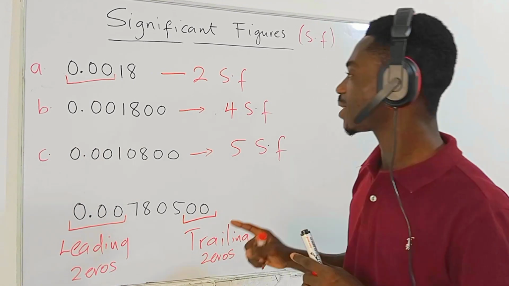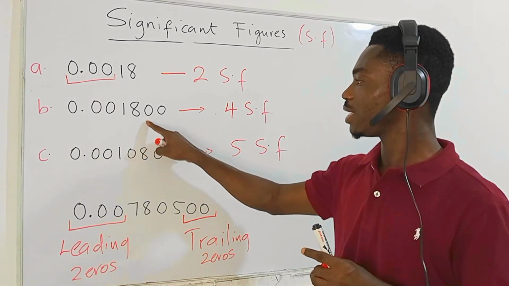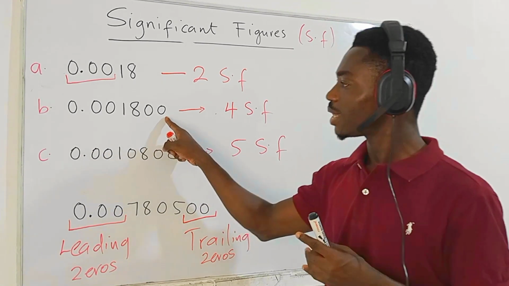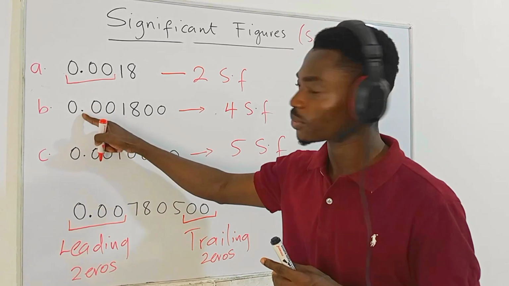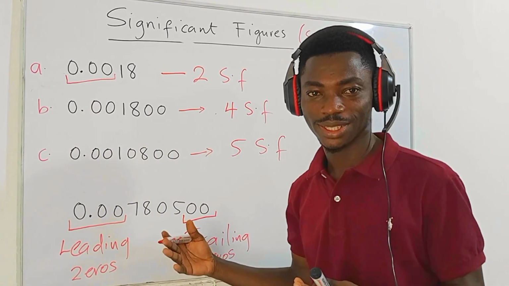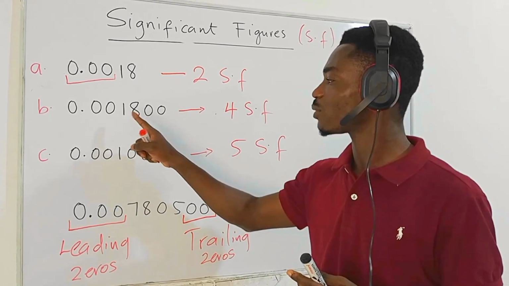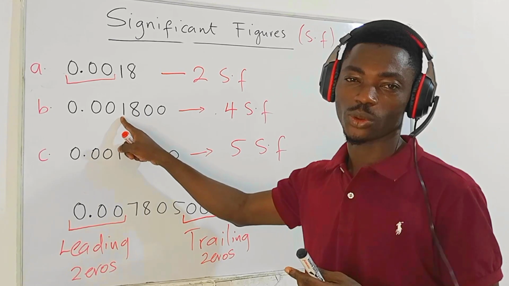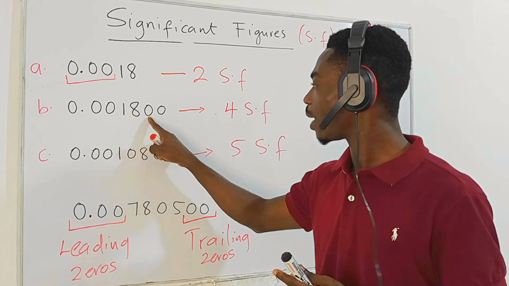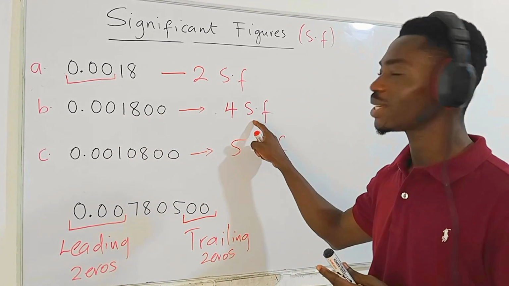So with the first case, we can clearly see that with this example right here, we have trailing zeros in it. That is actually two trailing zeros, right? Now, because we have a decimal point right here, it makes these two trailing zeros significant. So to talk about significancy in this number right here, we have to obviously start from the non-zero right here, which is 1. So we have 1, 2, 3, 4. That is how come we have 4 significant figures.